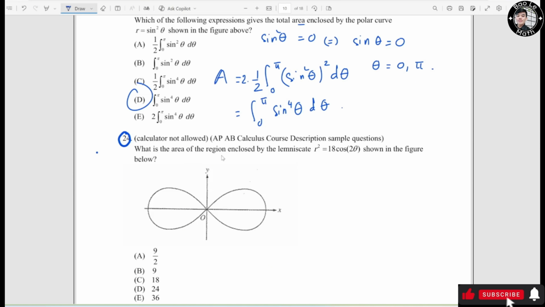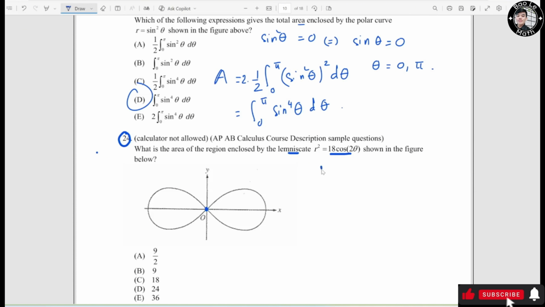What is the area of the region enclosed by the limaçon r squared equals 18 cosine 2 theta shown in the figure below? Again, when the radius is 0, the polar curve is at the origin.